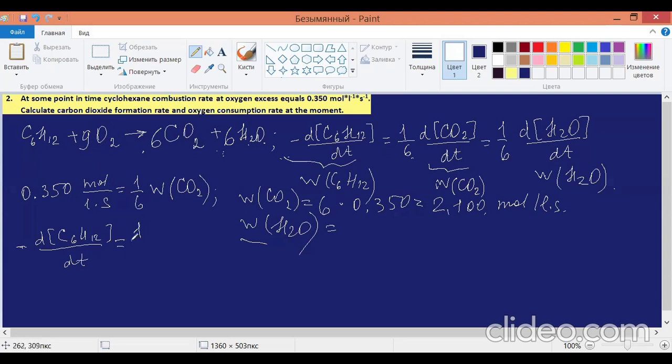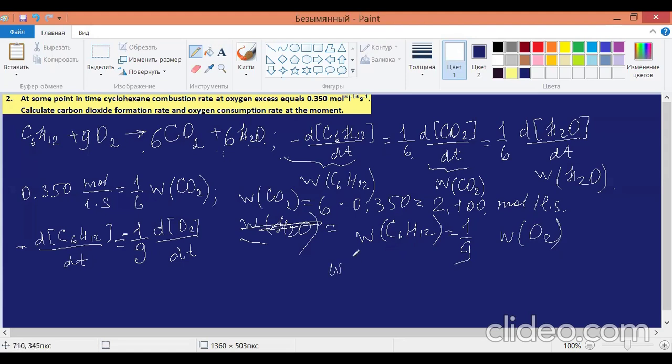For that reason, we got the fraction 1 out of 9 before this relation, and always the minus sign because oxygen is another reagent in this reaction.